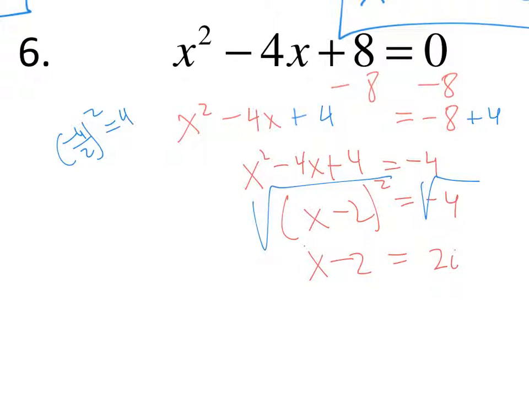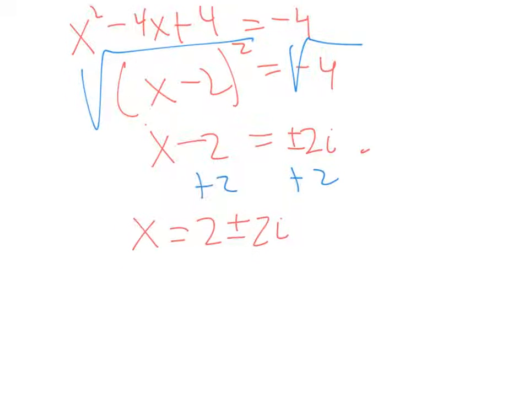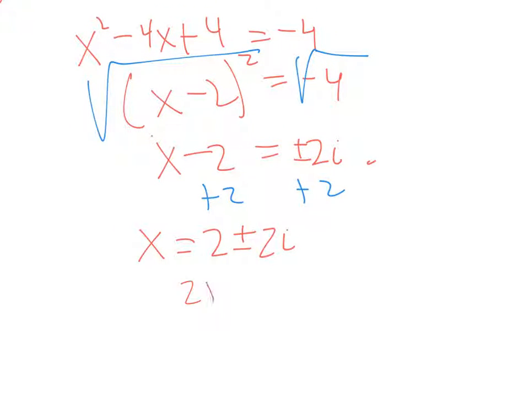The square root of 4 we know is 2, and don't forget your plus or minus. So finally we add 2 to both sides, and we have x equals 2 plus or minus 2i, which represents 2 answers. We have 2 plus 2i and 2 minus 2i. So 2 answers there.